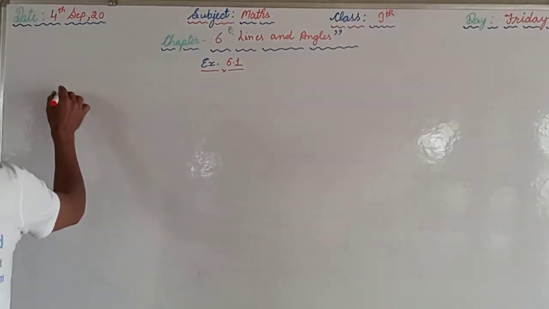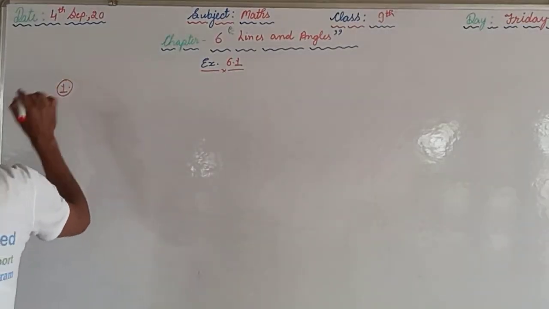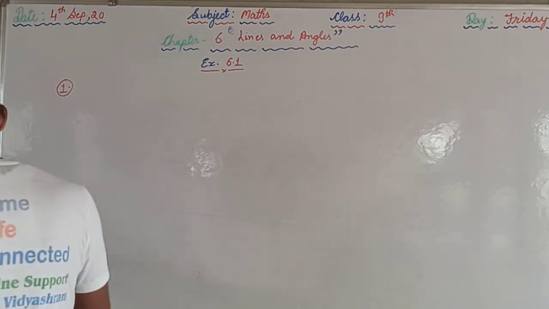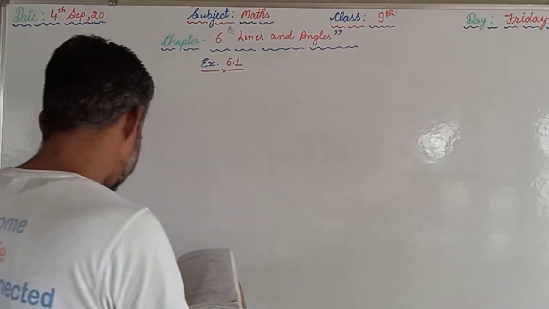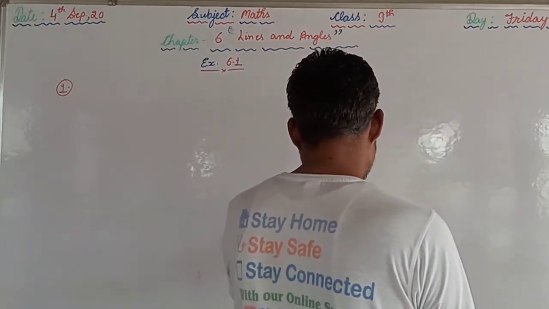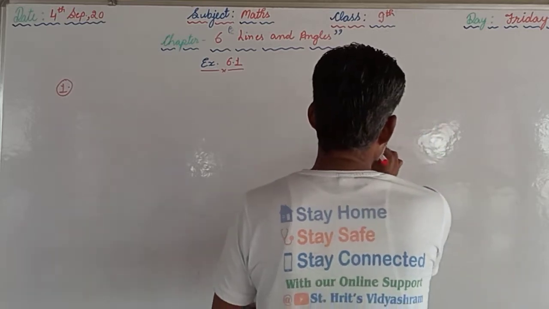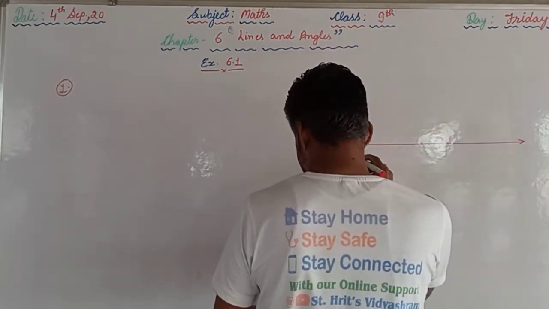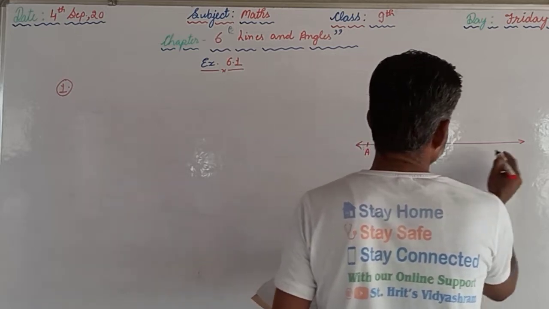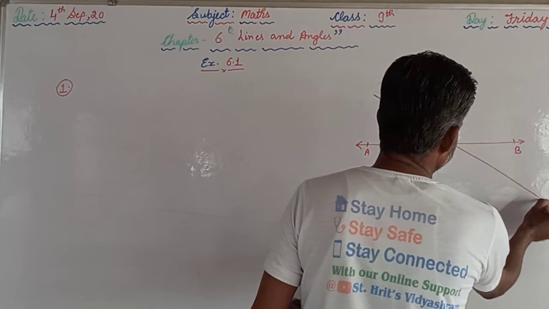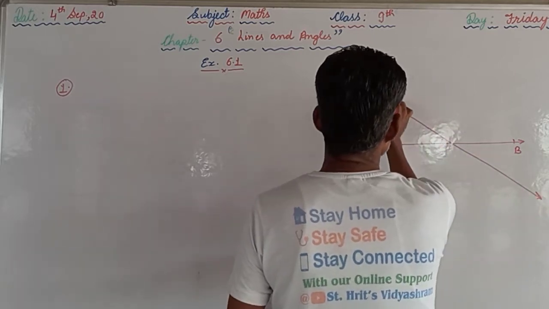In that the figure is given. In question number 1, AB and CD intersect at O. This is AB and this is CD.